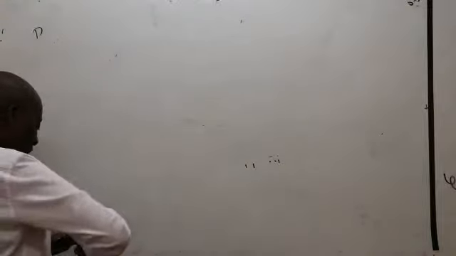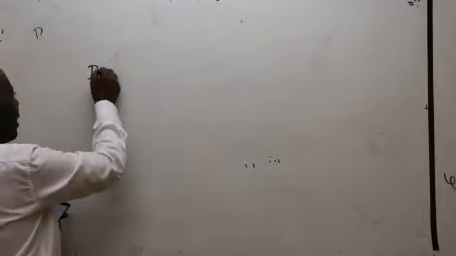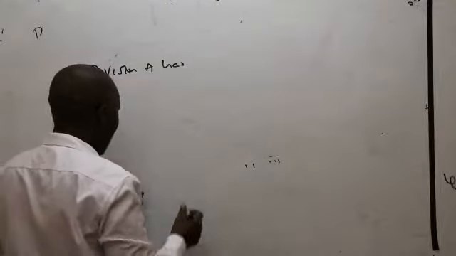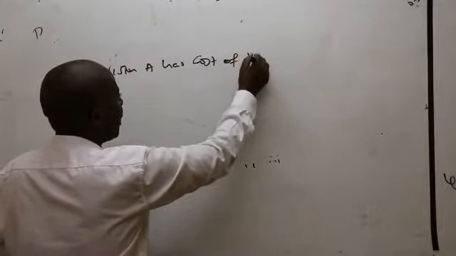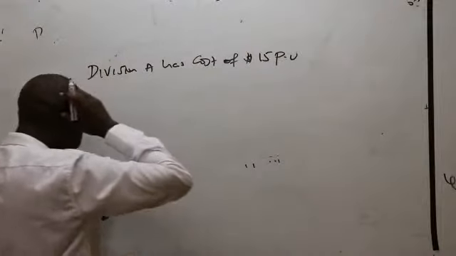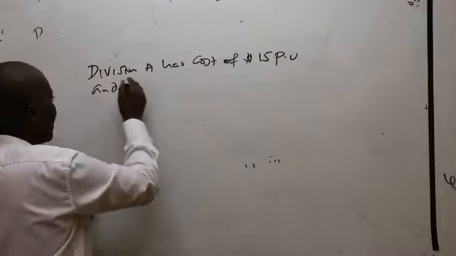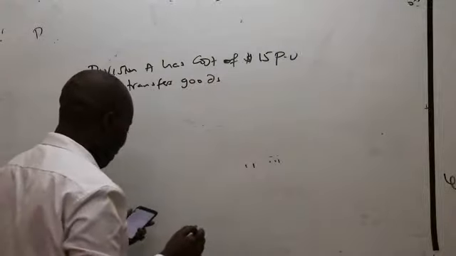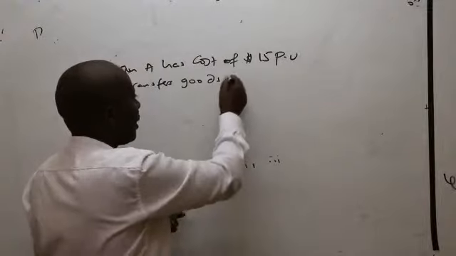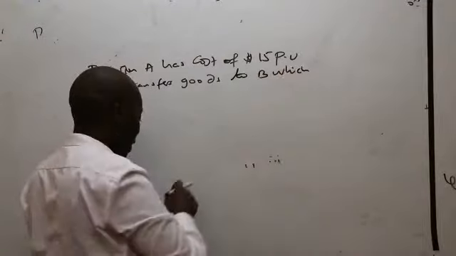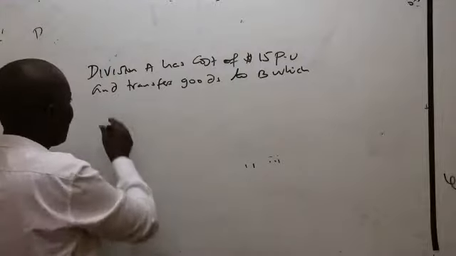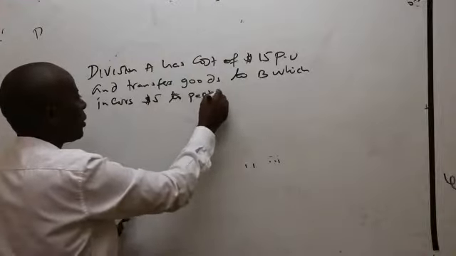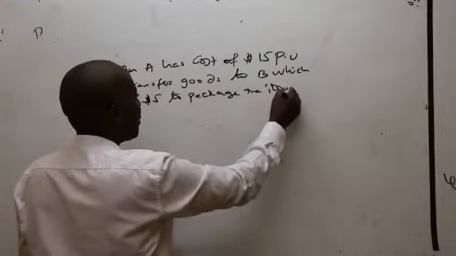We are told here that division A has a cost of $15 per unit, and it transfers goods to B, which incurs $5 to package the items.